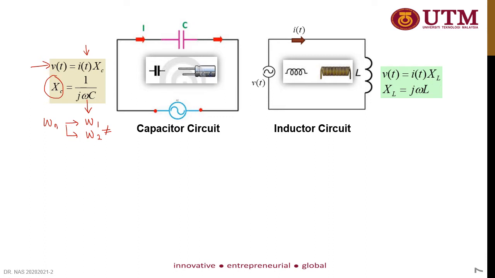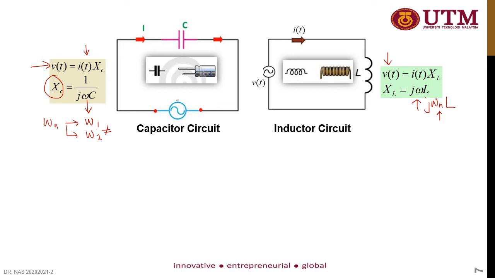If you have an inductor inside a circuit, V is equal to I, the current, multiplied with the inductor impedance. In this case XL is equal to j omega L. L is the inductance, and omega n is the frequency at the respective harmonic number.